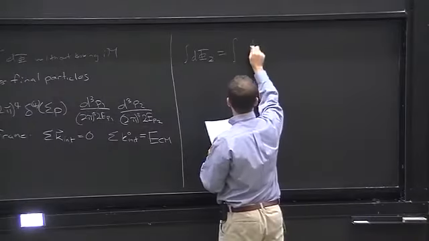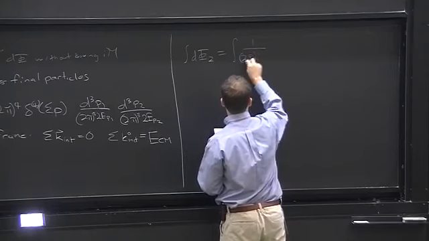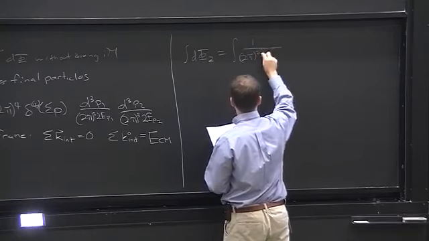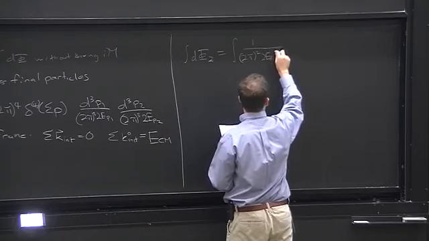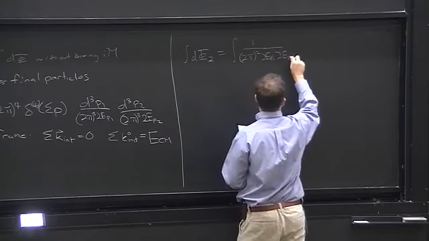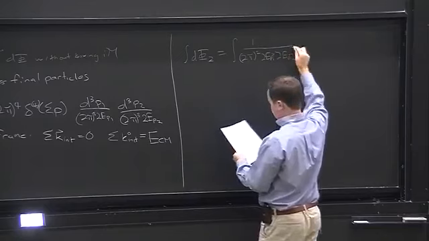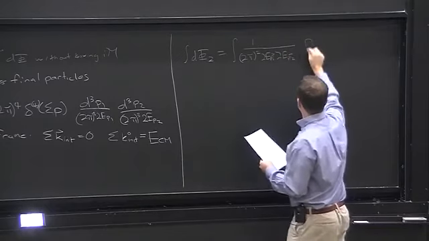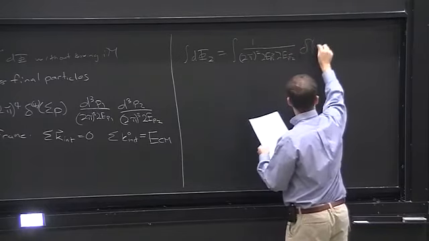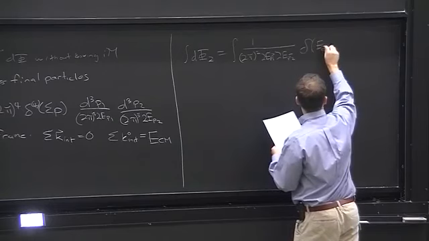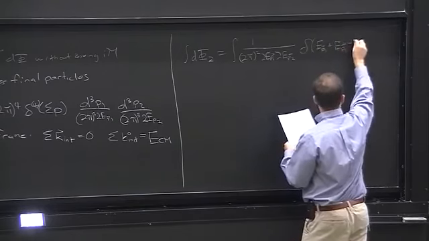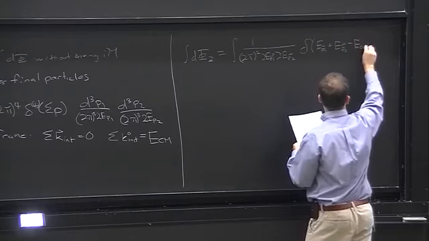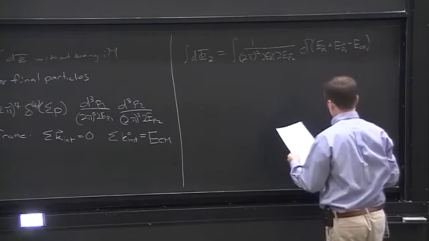We're left with 1 factor of 2 pi squared. Still have the energies. And we're left with 1 energy-conserving delta.